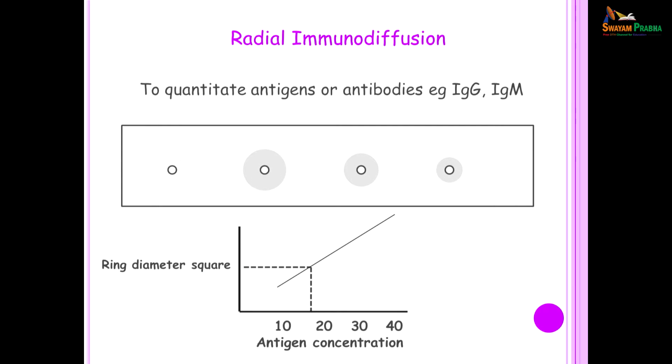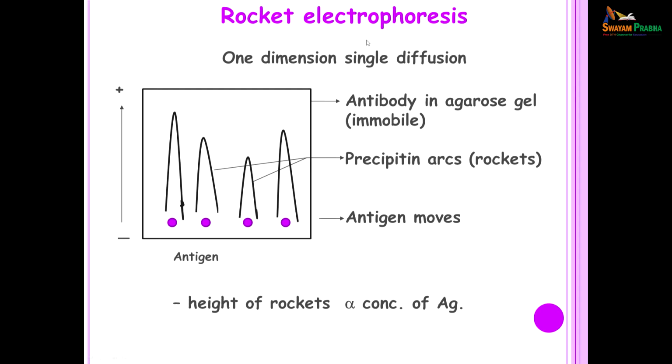Radial immunodiffusion again gave you results within 24 to 48 hours. If you want to hasten this, we do what is known as rocket electrophoresis. Here you take a gel in which you have incorporated antibody. You punch wells. In the first 3 wells you put known antigen, that is different dilutions of the known antigen, and in the 4th one you put the test sample.